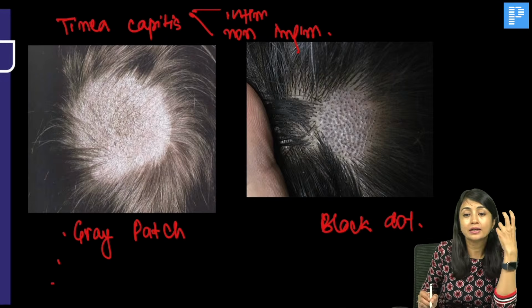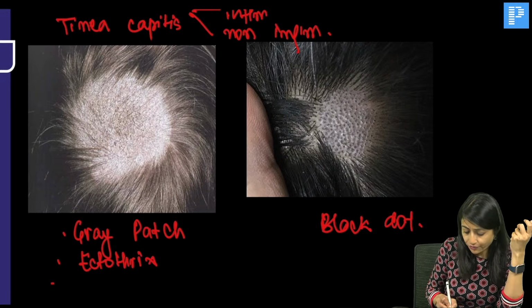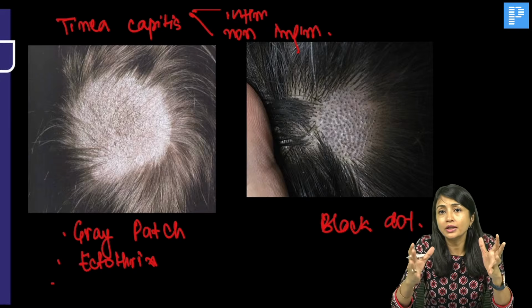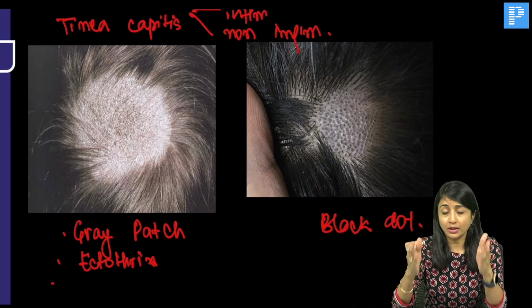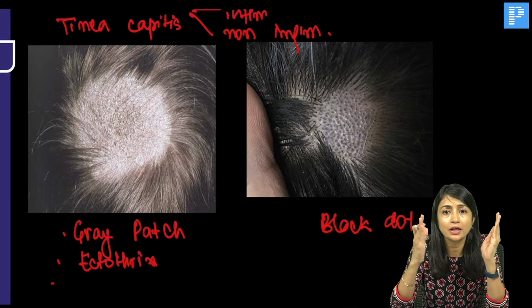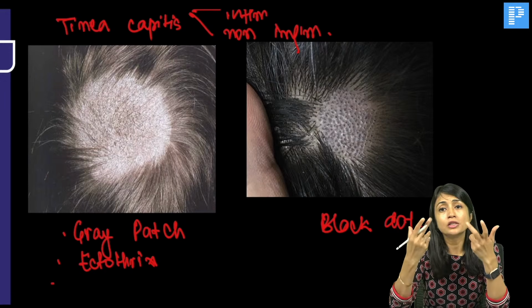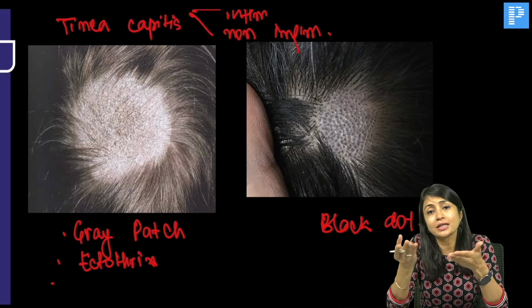Now, let's talk about grey patch. Grey patch is a type of ectothrix. What do you mean by ectothrix? That the fungus is invading the hair shaft from the outside. Since the fungus is invading the hair shaft from the outside, you see scales or fungal spores which appear as grey scales on the surface.